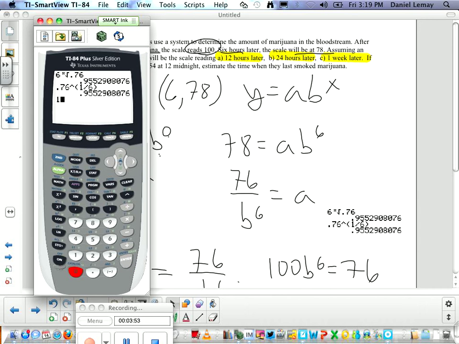So I'm going to type in 100 times 0.955 to the 12th power because it's 12 hours later. And that's the answer for that one.